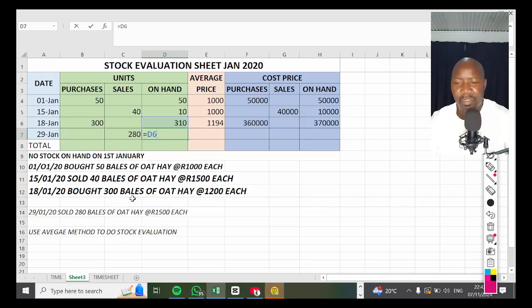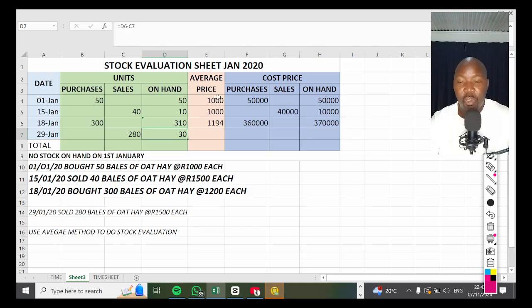When we sell, we subtract. It's going to be stock on hand minus whatever we are selling, which is 280. Enter, and you are left with 30 units.